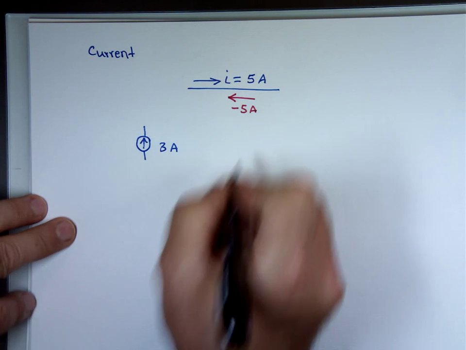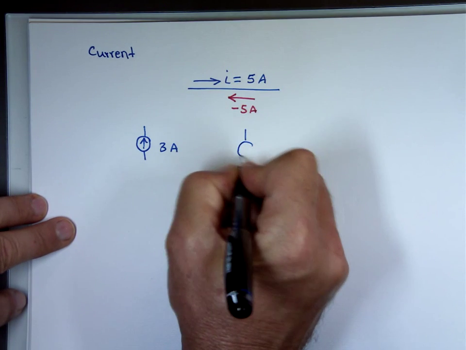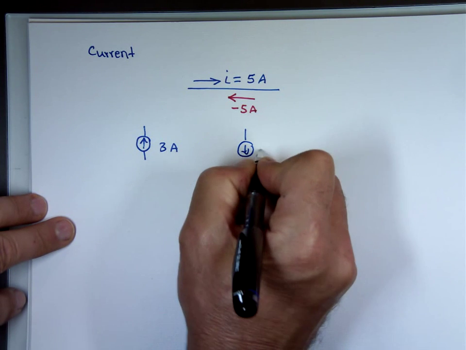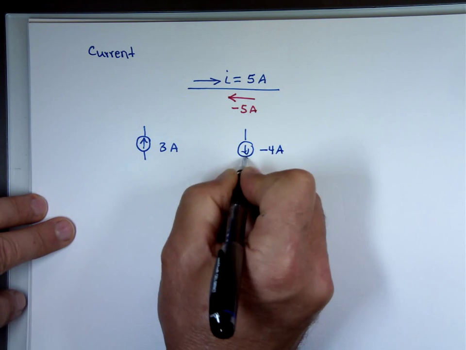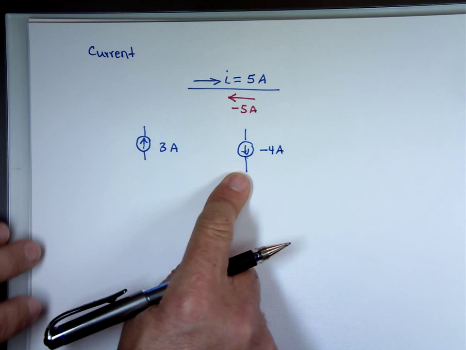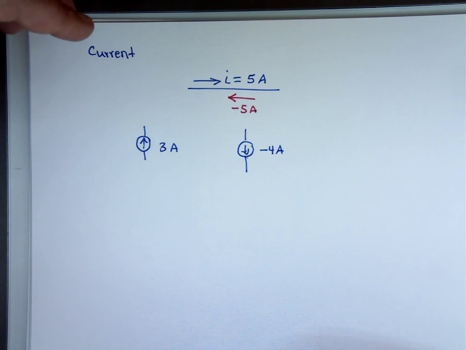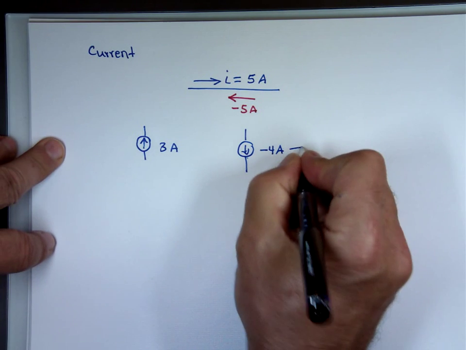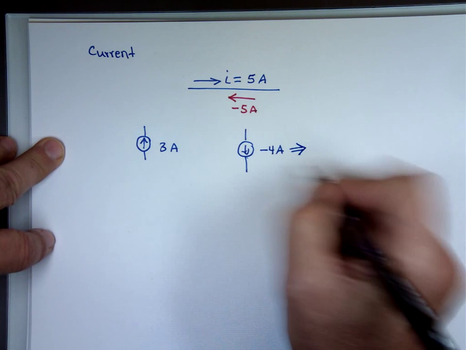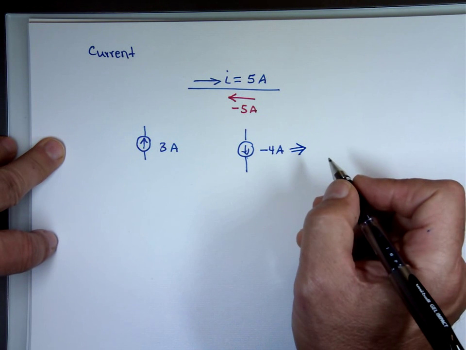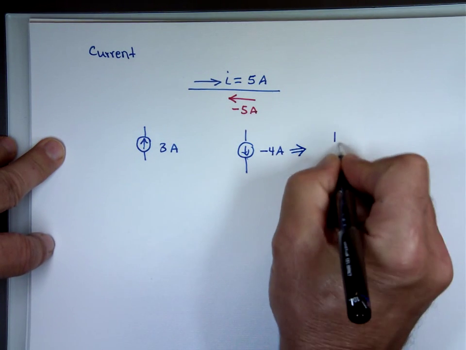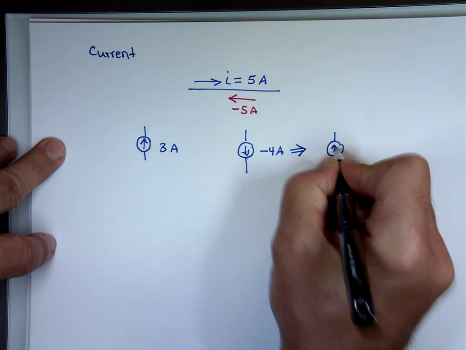Or I might say I have this current source pointing down of negative 4 amps. When I see one that's negative, I don't really like negative numbers. I say I'm going to change it to a positive. And the way to change it to a positive is to change the direction of it. I switch the direction and make it 4 amps.